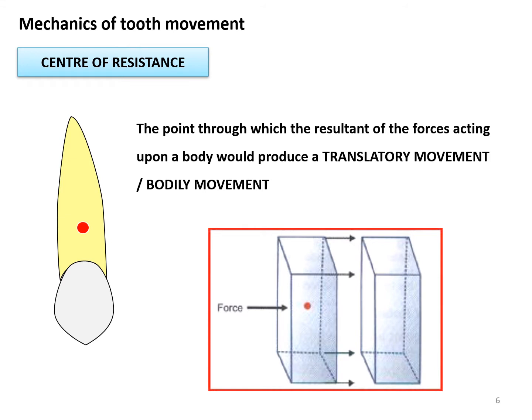Center of resistance. What is center of resistance? This is the point through which the resultant of the forces acting upon a body would produce a translatory or bodily movement. So when a force is applied to a body at this particular point, that is at center of resistance, the body translates in the opposite direction of the applied force.